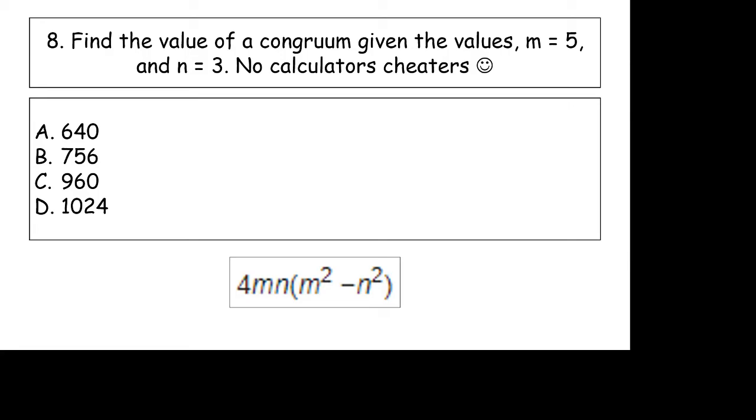Question number 8. Find the value of a congruum given the values m equals 5 and n equals 3. No calculators, cheaters.